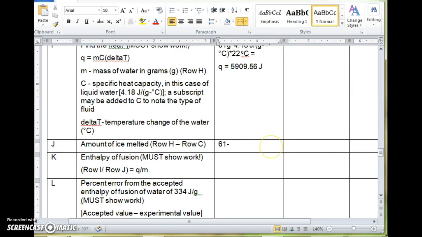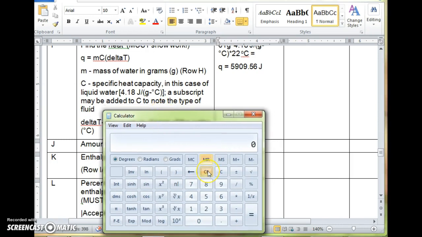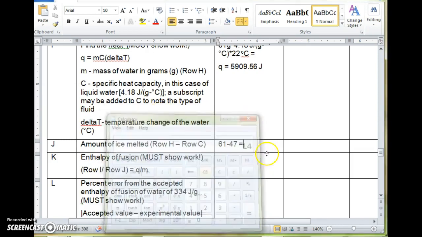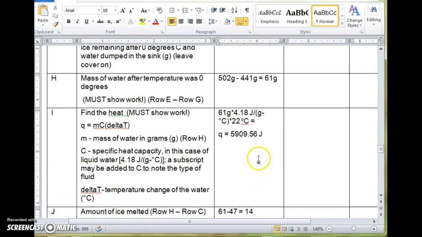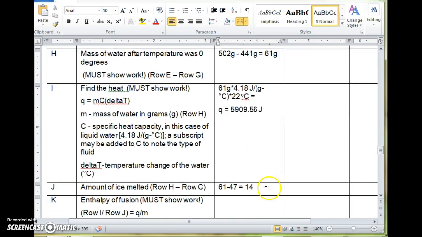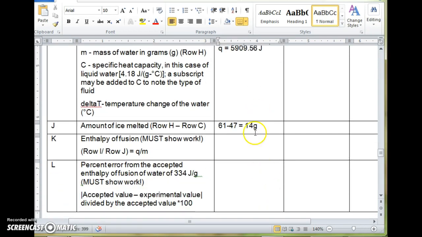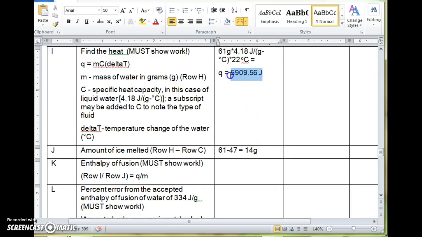So 61 minus 47 equals 14. 14 what? 14 grams.